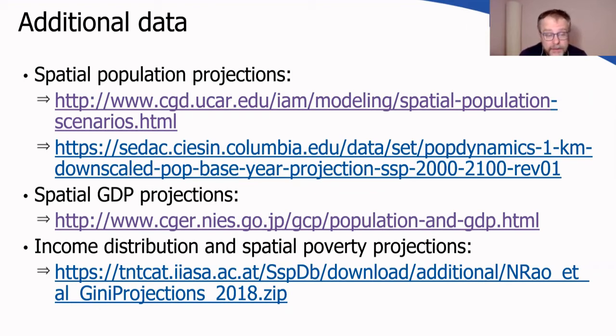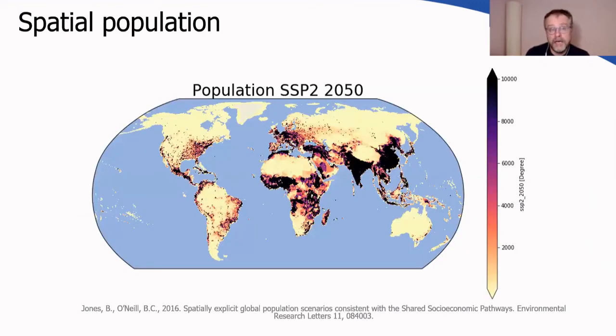Also colleagues at IIASA, Narasimha Rao, have developed income distribution and spatial poverty projections for the SSPs, which can be downloaded through the IIASA SSP database. Here are some examples of what these data look like. Here are the spatial population projections from the Bryan Jones and Brian O'Neill work, where you see for 2050 the SSP2, for example.